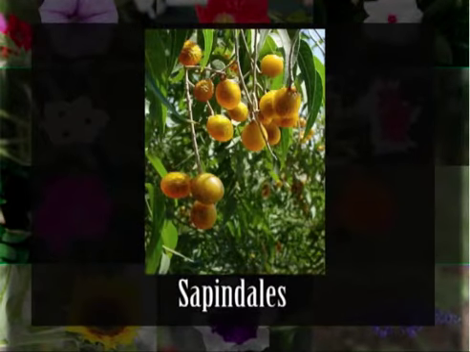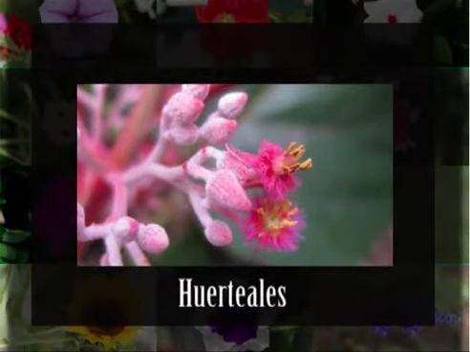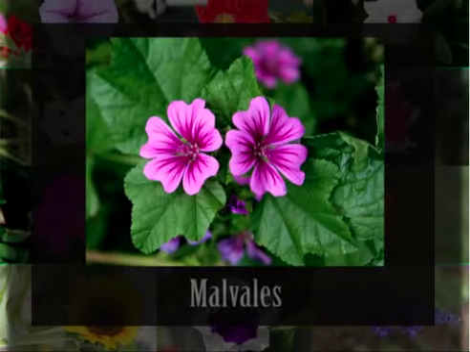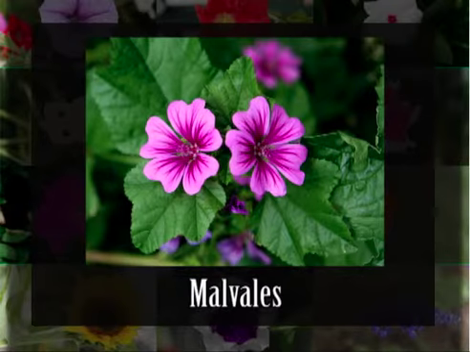This order is followed by one more large order by the name of Sapindales. Within this Sapindales, we have families like Nitrariaceae, Sapindaceae, Simaroubaceae, or the Rutaceae. Sapindales order is followed by one more order called Huerteales, followed by one more order called Malvales, the common Malva, the common Gossypium or the cotton plant that we have.